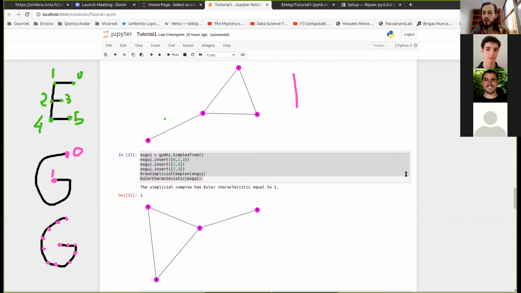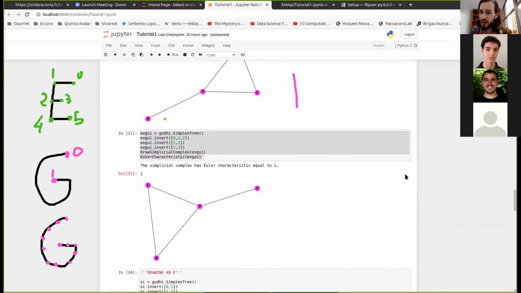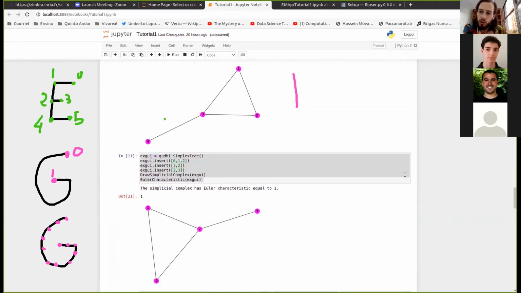Yeah, because in the lesson I defined the topologicalization of a simplicial complex. In order to define it, I embedded the simplicial complex in Rn, where n is the number of vertices of my simplicial complex. So the topologicalization of E lives in R6.